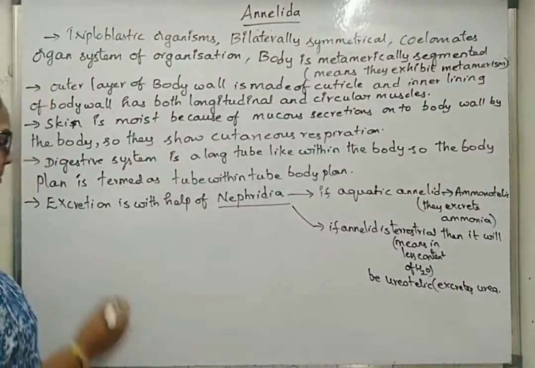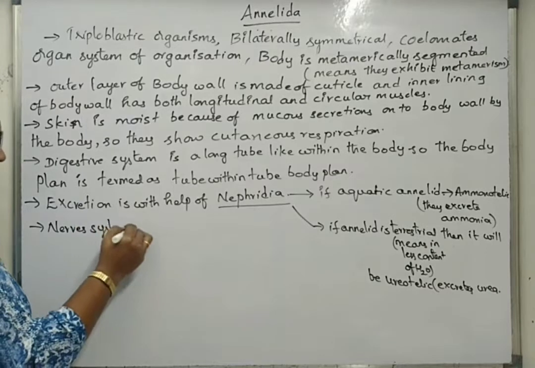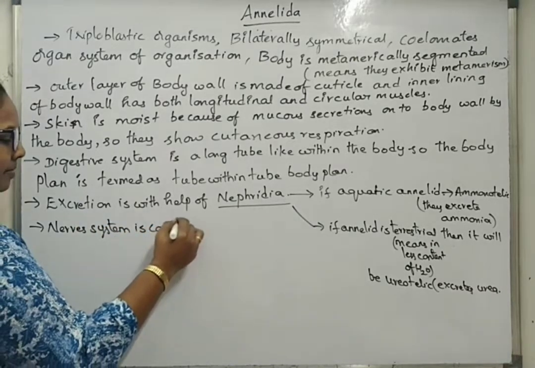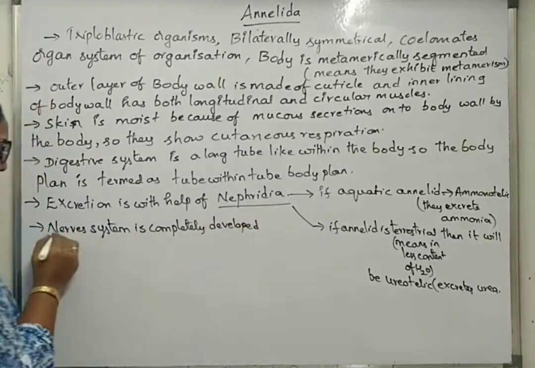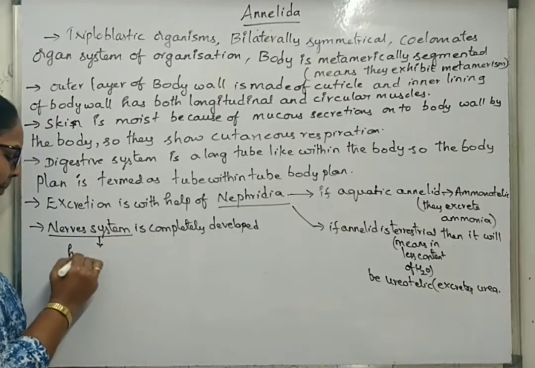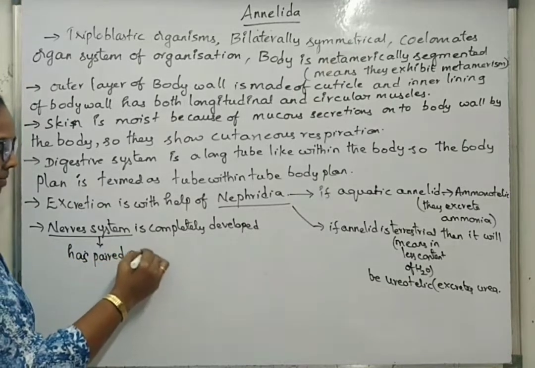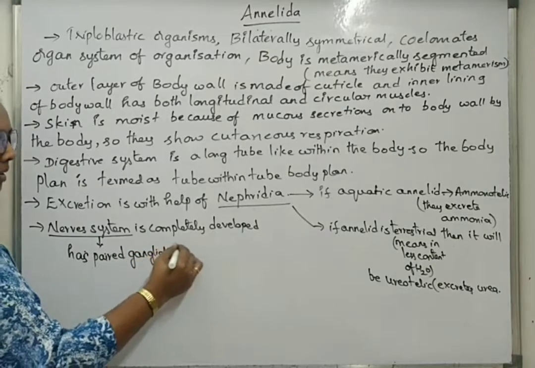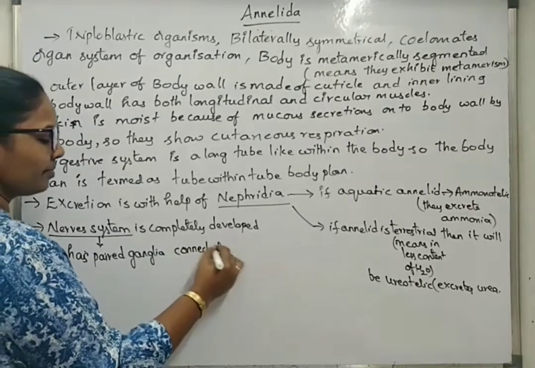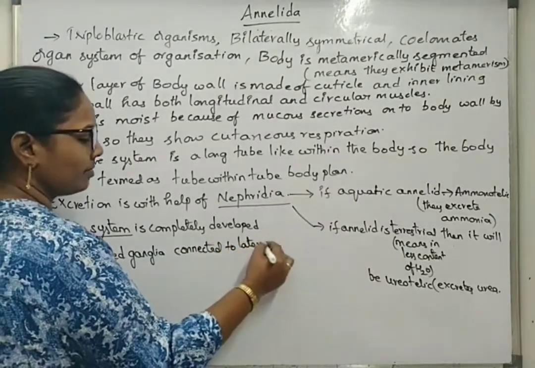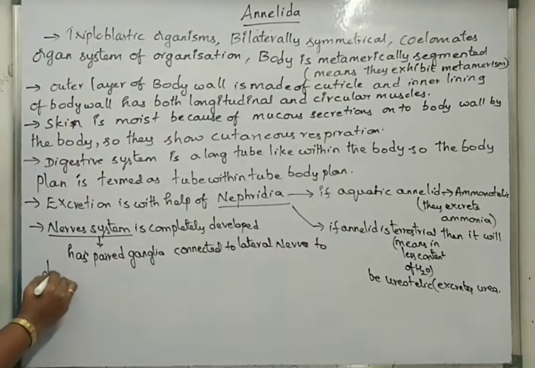The nervous system is completely developed. This nervous system has paired ganglia connected to lateral nerves and to a double ventral nerve cord.